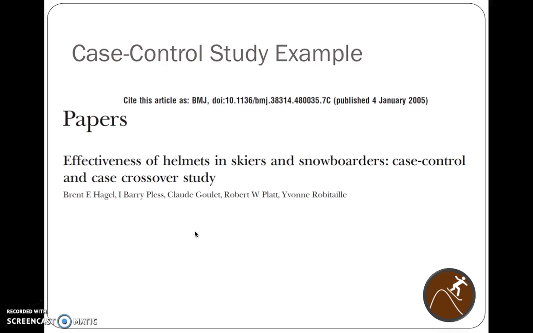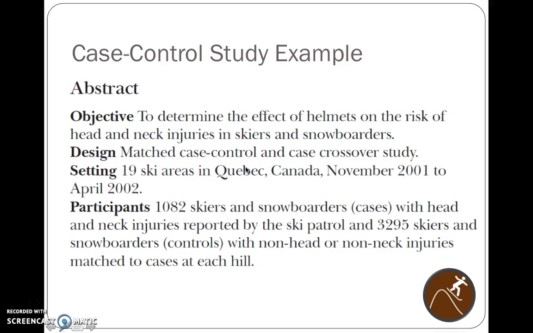An example from a paper might be something like this. This paper is on the effectiveness of helmets in skiers and snowboarders, and they do a case control and a case crossover study. You see this abstract here. We've got 1,000 skiers and snowboarders with head and neck injuries reported to the ski patrol. These are our cases.